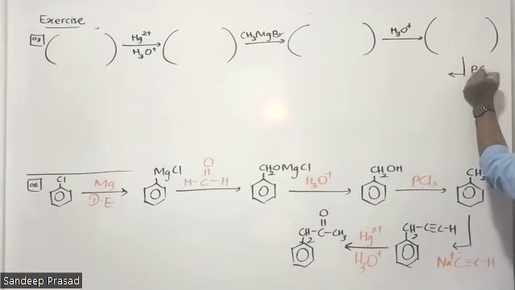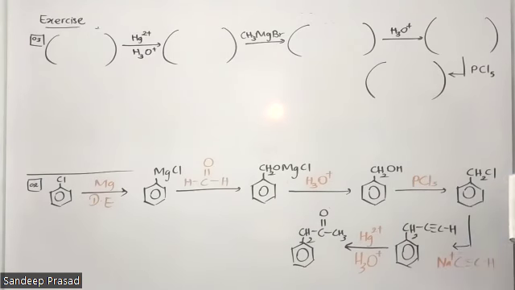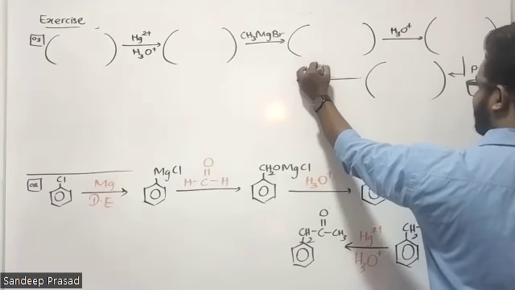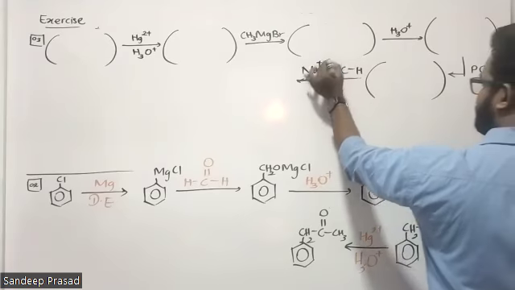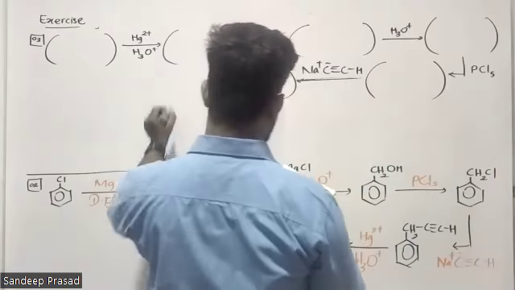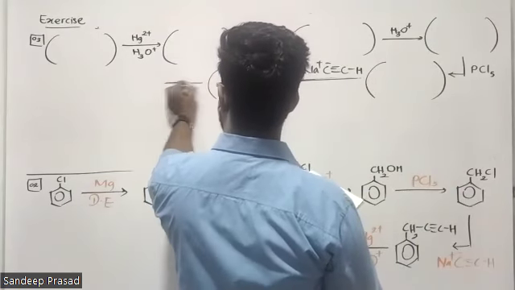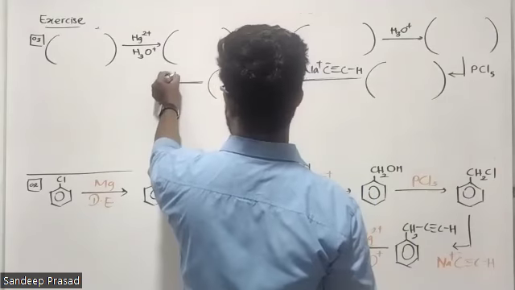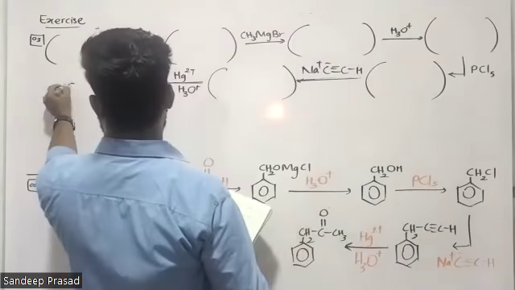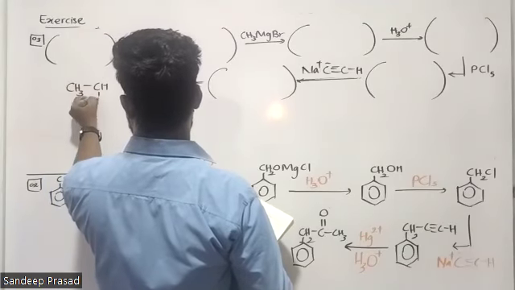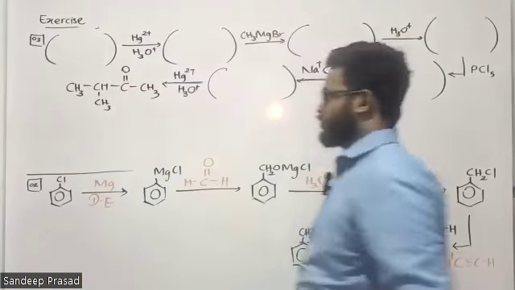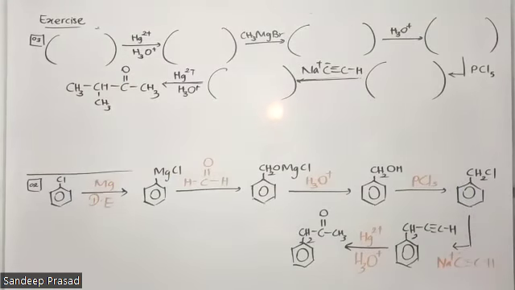Then PCl5 is added. After that, sodium derivative of the alkyne, sodium acetylide. Then again we have added Hg2 plus, H3O plus. So they have given the final product as CH3, CH3, double bond O, CH3. So you have to go for the reverse. Third one.